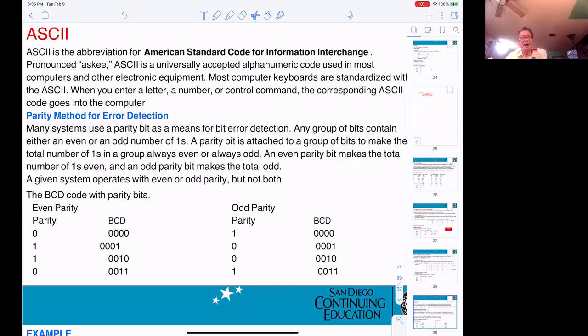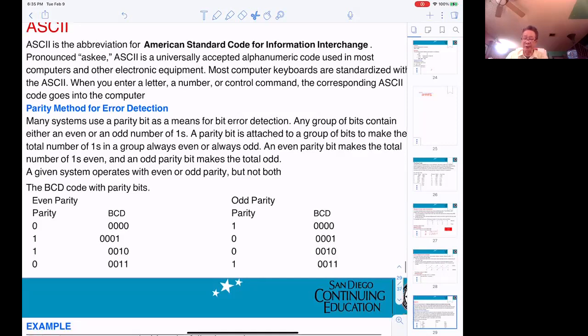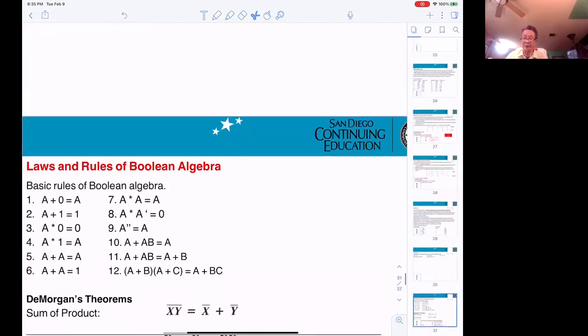It only knows binary. So your keyboard has circuitry for converting. When you type number 1, it has to convert to binary so the computer can understand. If you want to see the table, go to Google and type ASCII, it gives you the table. Okay, we don't care about that.